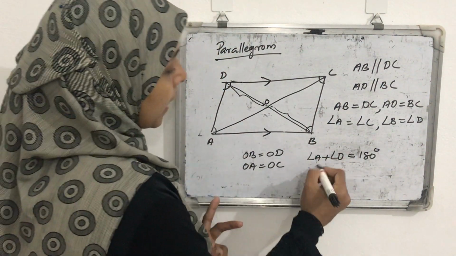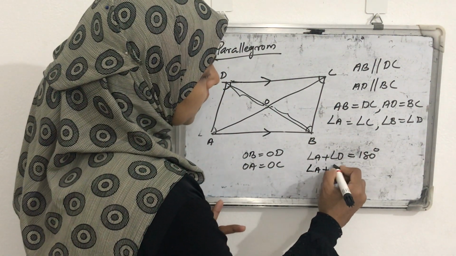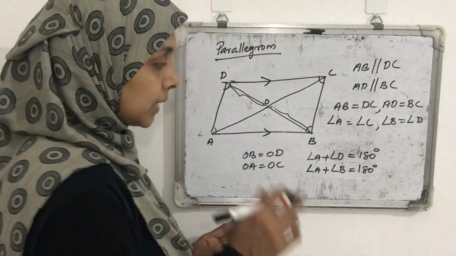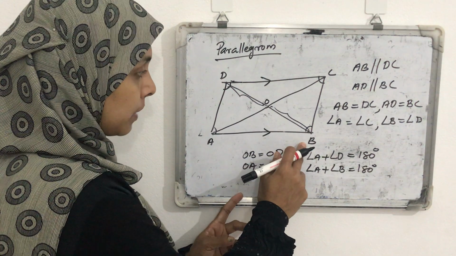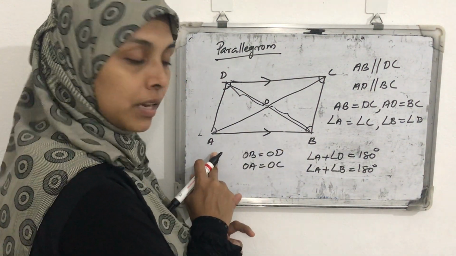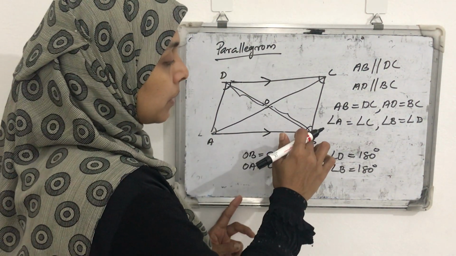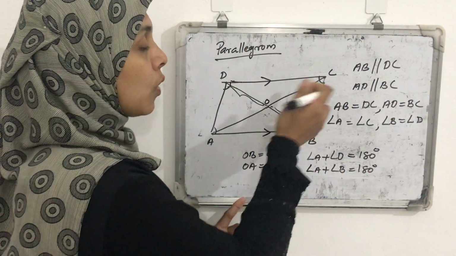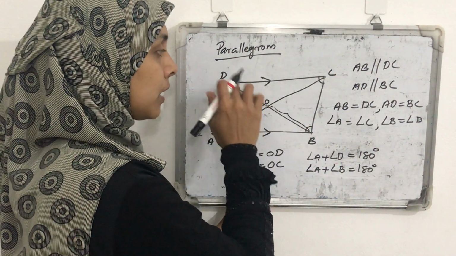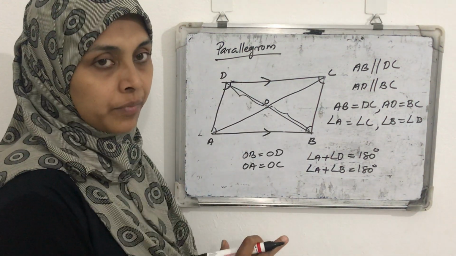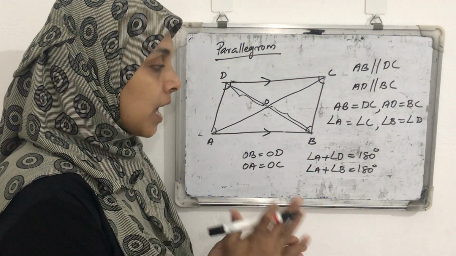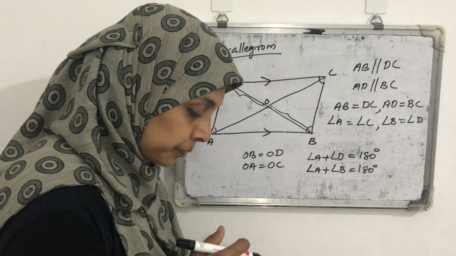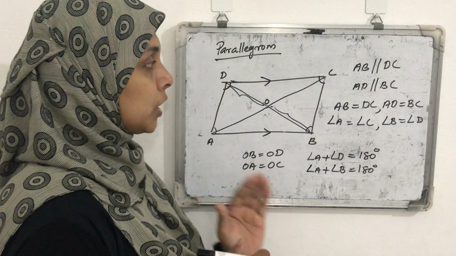Just like angle A plus angle B is equal to 180 degrees, angle B plus angle C also will be 180 degrees, and angle C plus angle D also 180 degrees. All adjacent angles form supplementary angles. These are the main important properties of a parallelogram.